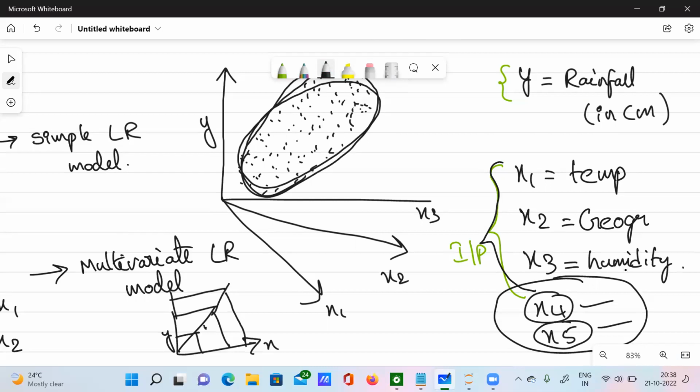But what's actually happening? We are actually getting some kind of cloud here, that is the scatter. So what can we do with these points? We should not look at the shape of the points. Instead, we can have a look at the trend here. See, all the points are actually in the positive trend here, right? So this is the trend.